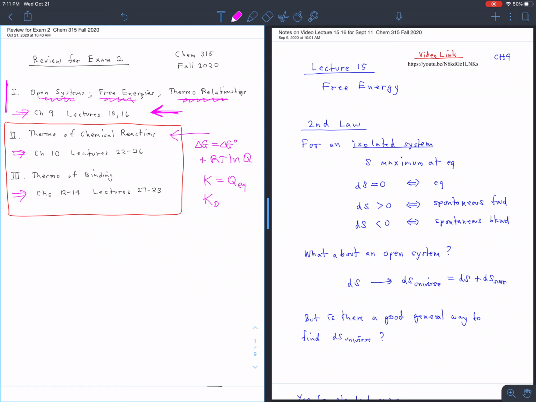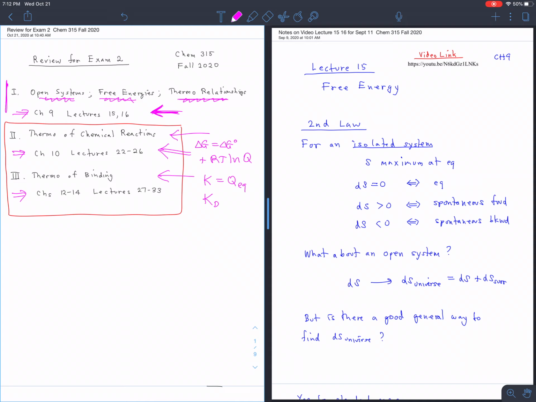But there's also a little bit of fundamental stuff in this section as well. And then finally, the last section, major part of this part of the class, is all the stuff on the thermodynamics of binding, the strength of binding, the specificity of binding, and the effects of cooperativity and allostery on binding.